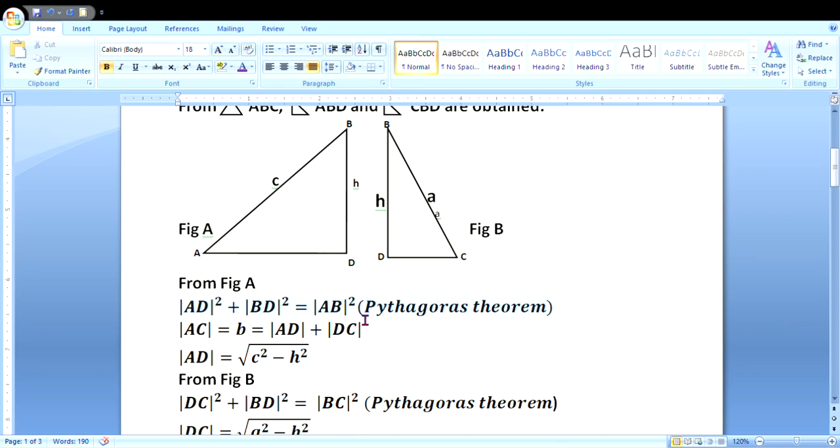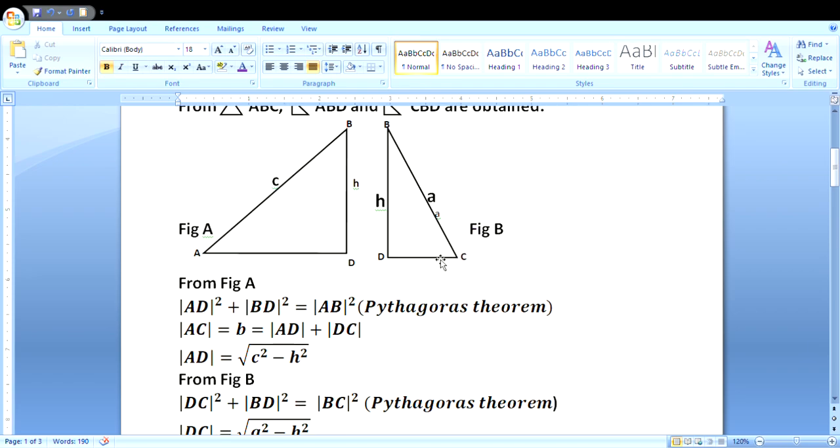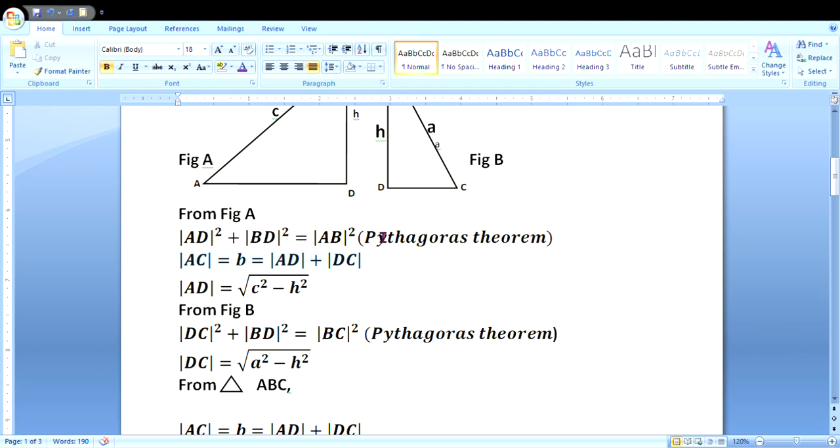So for us to obtain AD, AD is equal to the square root of c square minus h square. From figure B, which is triangle CDB, to obtain line DC, applying the same Pythagoras theorem, DC is the square root of a square minus h square.